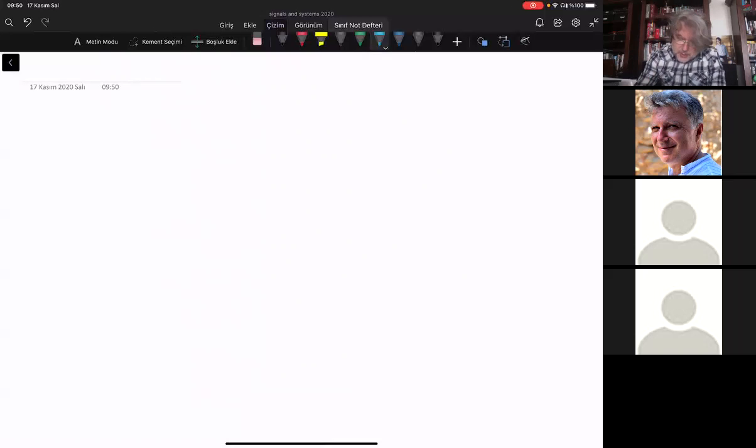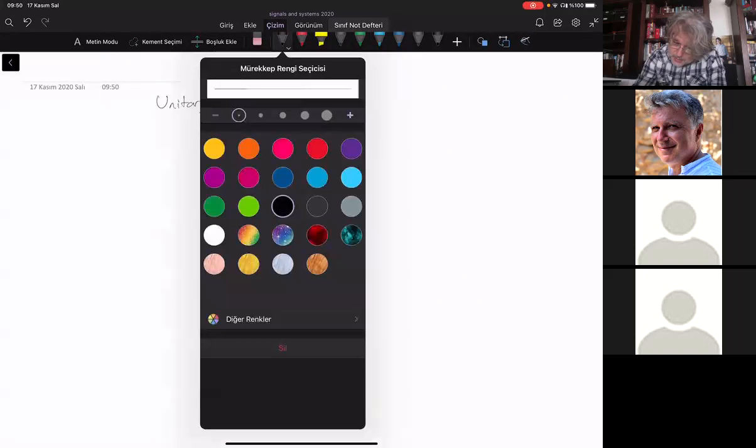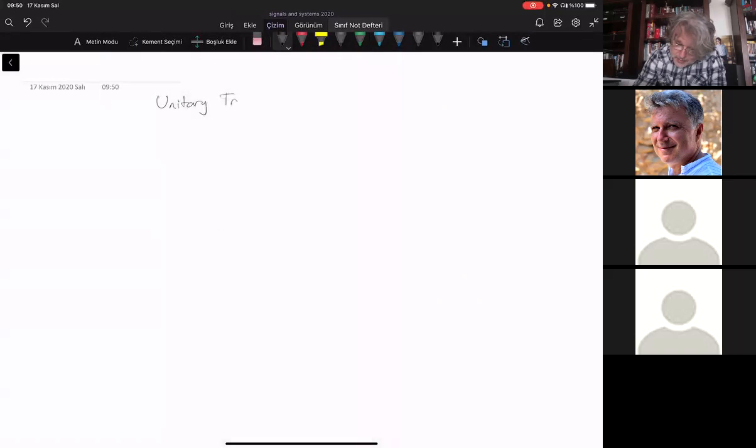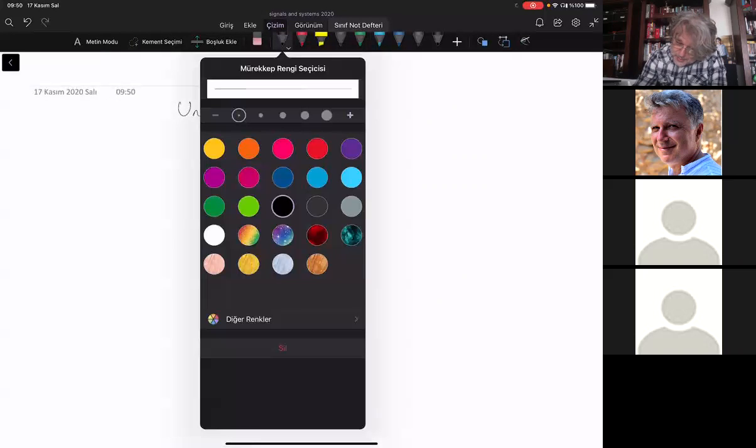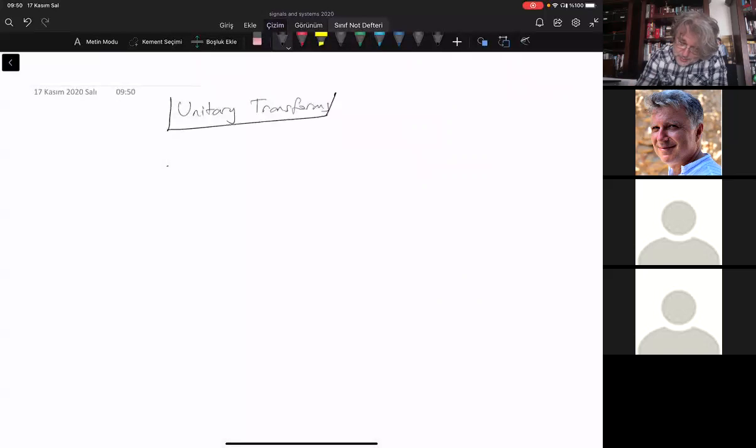And all of the things that we are going to do will be unitary transforms. Unitary transforms, or equivalent to orthonormal transforms.